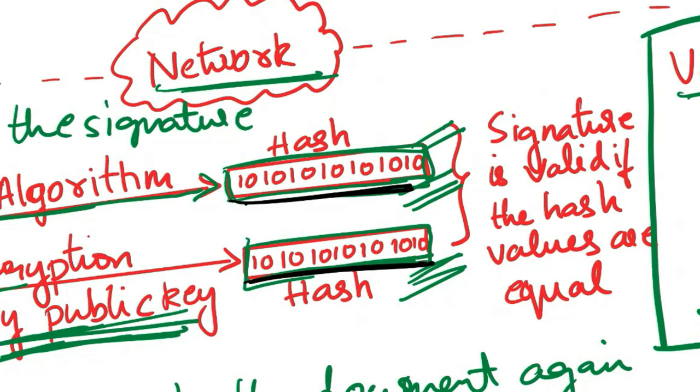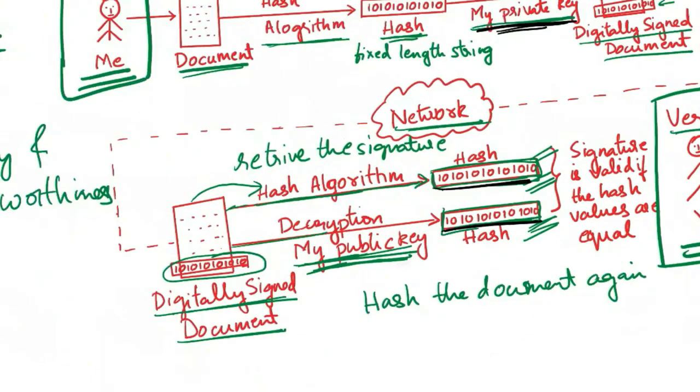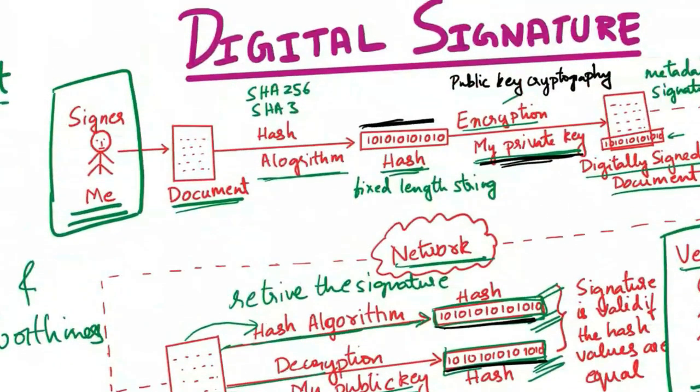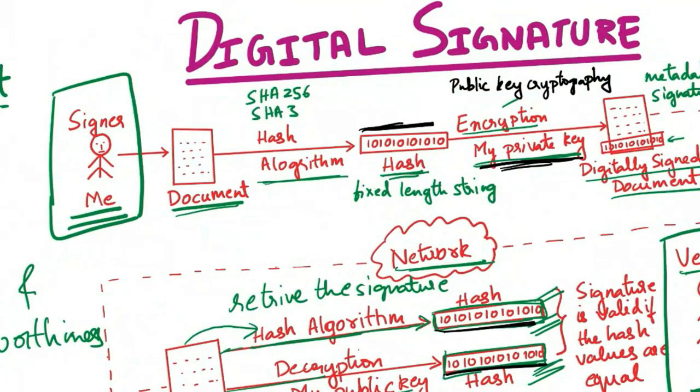Next, we'll see how digital signatures provide non-repudiation. Like I mentioned before, non-repudiation is a critical legal concept that prevents the signer from denying their involvement in signing the document. That is, when I send the document, I cannot say I did not send it. A digital signature provides legal evidence of the signer's intent and commitment.